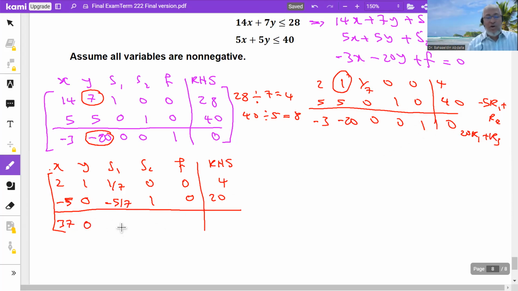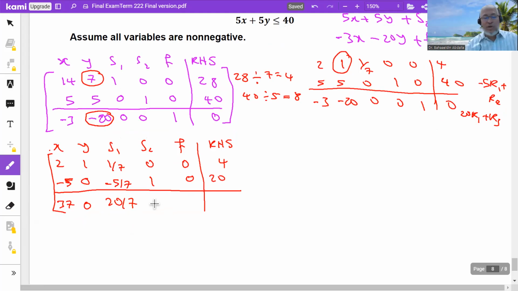So 20 over 7 plus 0, this is 20 over 7. Zeros will not change anything. And 20 times 4, that's 80 plus 0, so I have 80. Since there are no negative numbers in the objective row anymore, this tableau is final.